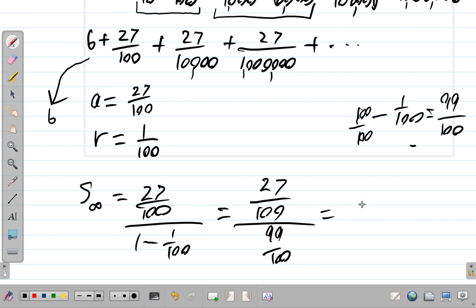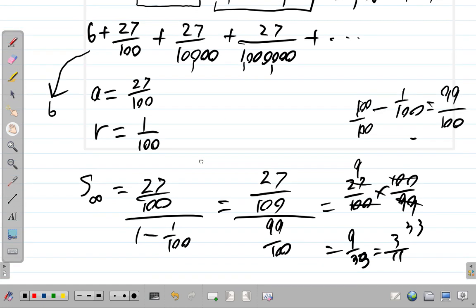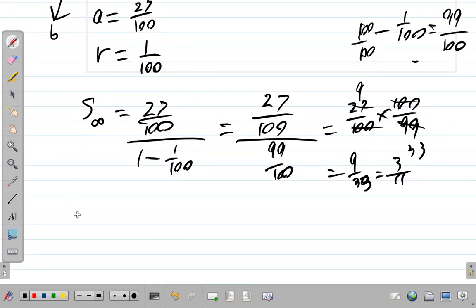So you were dividing by 99 over 100. Alright? So 27 over 100 multiplied by 100 over 99 is what we get. Cancel down. We can say here that 3 into 27 goes 9, 3 into 99 goes 33. We can cancel further. This is 9 over 33. What do we get now? 3 into 9, 3. 3 into 33, 11. We have 3 over 11. So, here, what we have is 6.